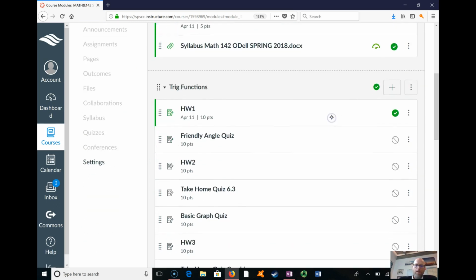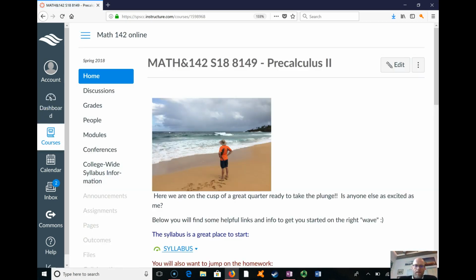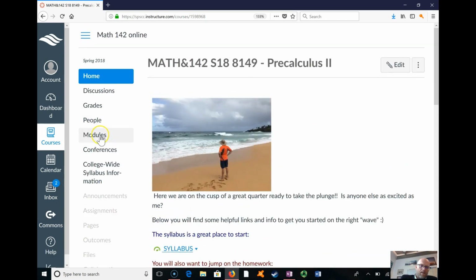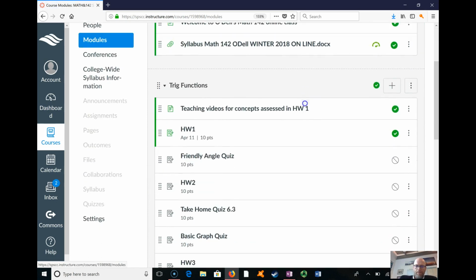So here's the first module. It says trig functions, and notice right now all you see is homework 1. Oh, no wonder, I bet I'm in the wrong class. Yeah, I think I'm in 142 instead of 142 online. No. There we go.